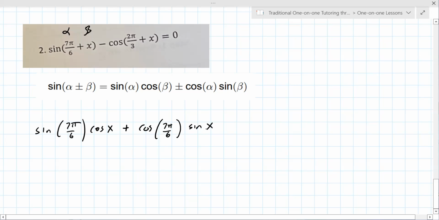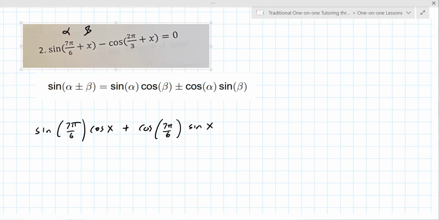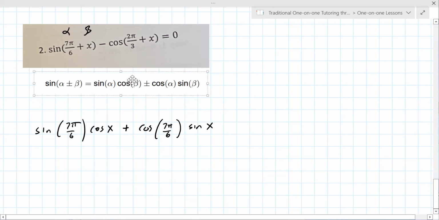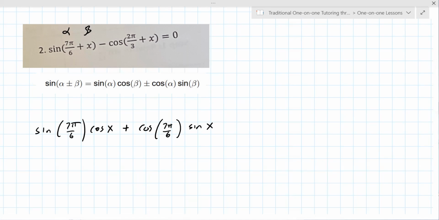All right, now the next part here is to look at the cosine. So let me grab that formula. I think it's really good to see the formula underneath it, and grab that cosine formula.